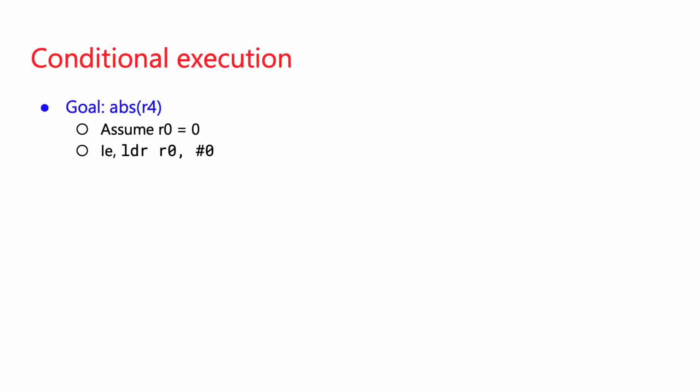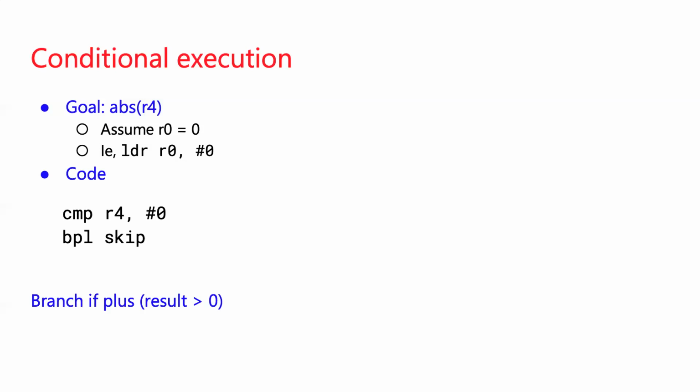So if we want to compute the absolute value of what's in register 4, first, let's see if it's positive or negative. So we'll compare it to 0. And if the result is positive, then that would mean it must be bigger than 0, or that would mean it would be no less than 0. So we'll negate it, but only if it's negative. So if it's positive, we don't need to do anything with it. If it's negative, we need to negate it.